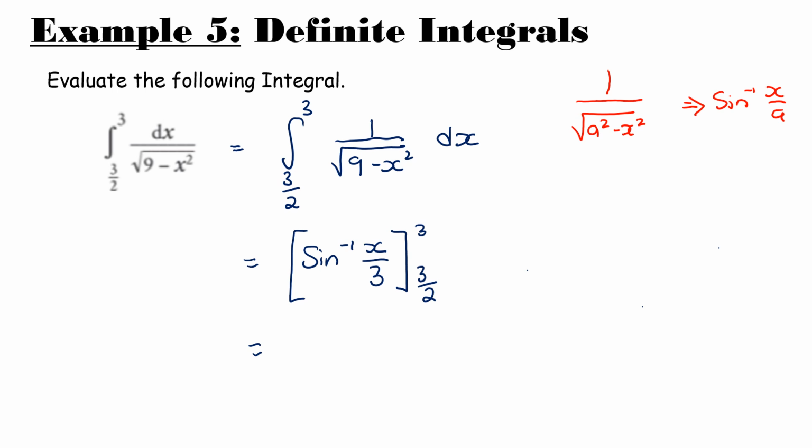So we're going to do sine inverse of 3 over 3 minus sine inverse of (3 over 2) divided by 3, which is basically the sine inverse of 1 minus the sine inverse of a half.